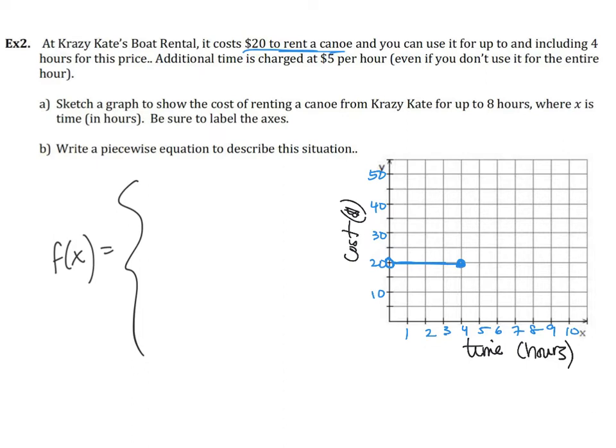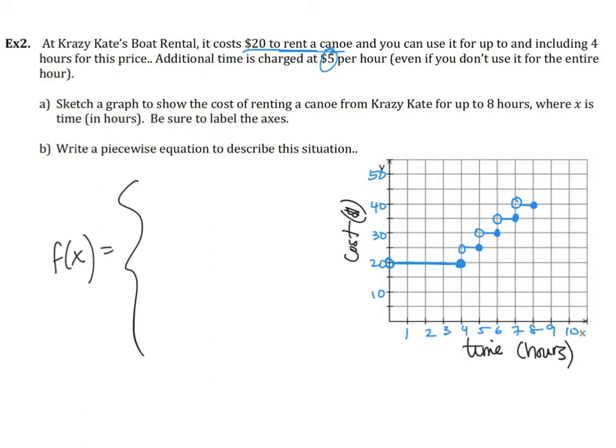After that, we have to pay an additional $5 per hour. So if we have it for 5 hours, then I have to pay an additional $5. So it's going to be $25 if I have it for 5 hours. If I have it for 6 hours, it's going to be $30, 7 hours, $35, 8 hours, $40. So again, what does it say?